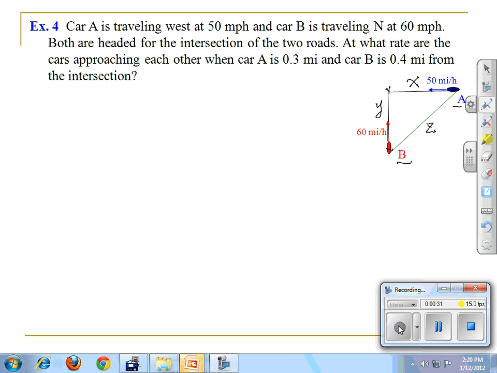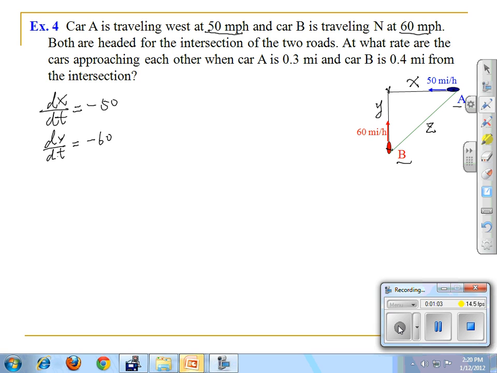Now let's check the condition. The first, 50 miles per hour, is the rate of car A, which is the rate of x. So dx over dt is equal to negative 50, because it's decreasing, so it's negative. And second, 60 miles per hour is the rate at which the distance Y of car B is decreasing. So dy over dt is equal to negative 60.